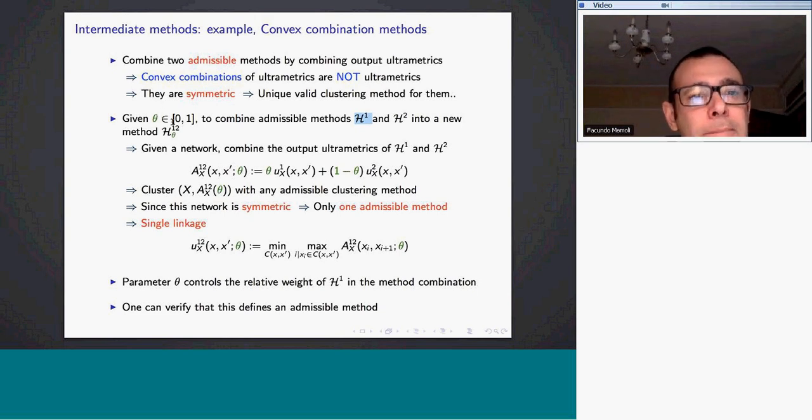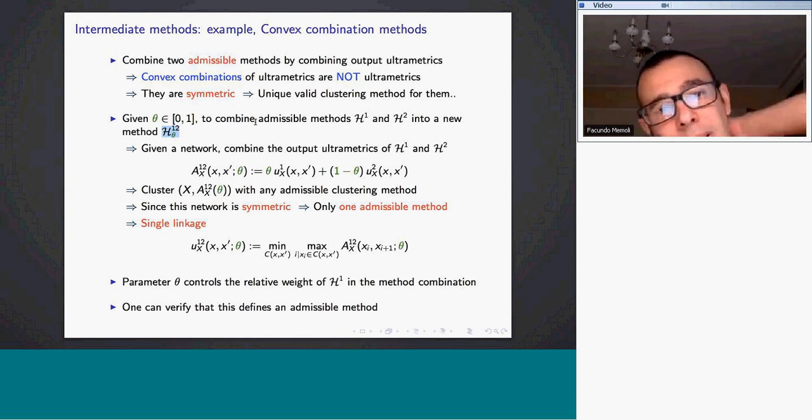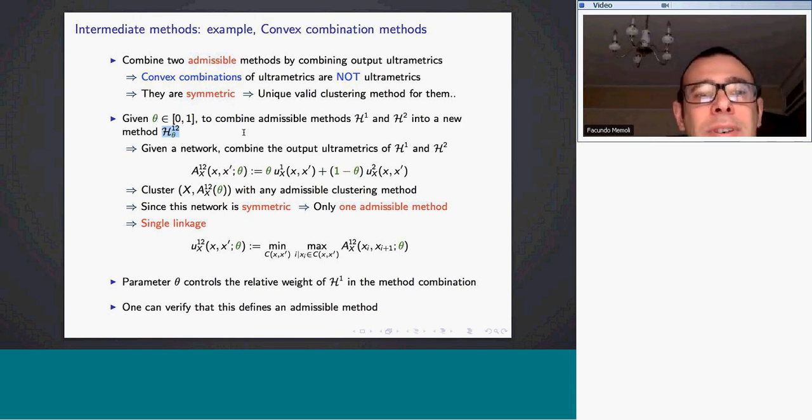Now take theta between 0 and 1, and I'm going to describe the construction of an interpolating method H sub theta, which interpolates between H1 and H2 according to the value of theta. So take any network A sub x, and apply your methods H1 and H2 to the network.